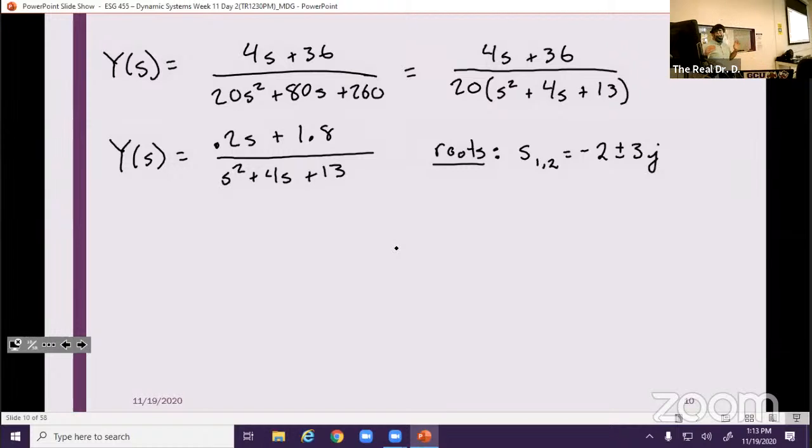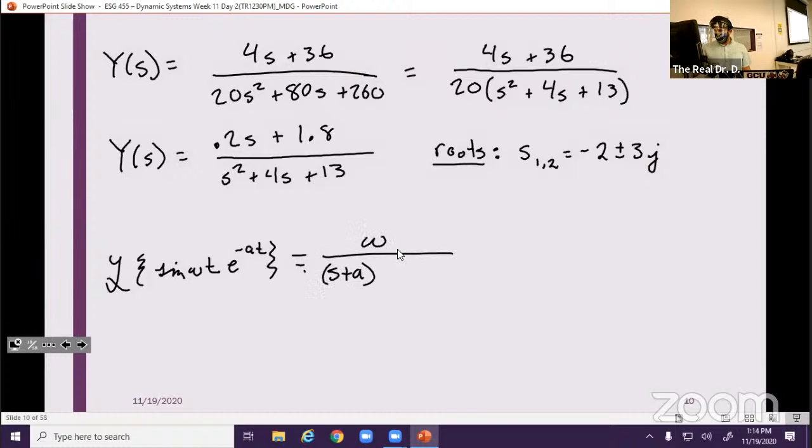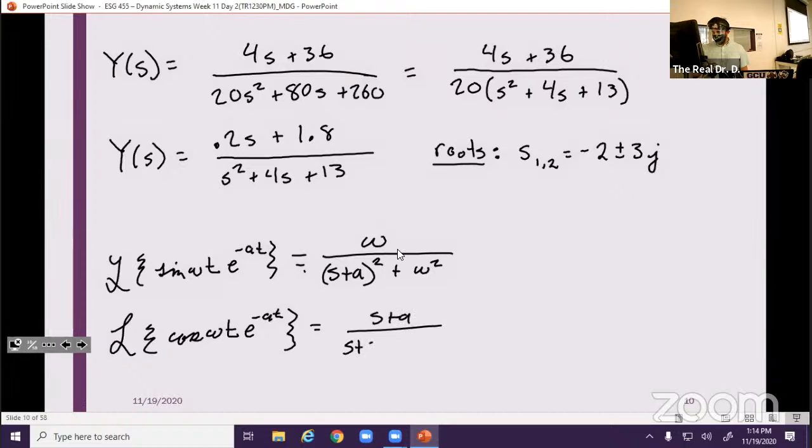And because we know it's a damped sinusoid, we know we want our Laplace transform to line up with this: omega over s plus a squared plus omega squared, or cosine omega t e to the negative a t, s plus a over s plus a squared plus omega squared.